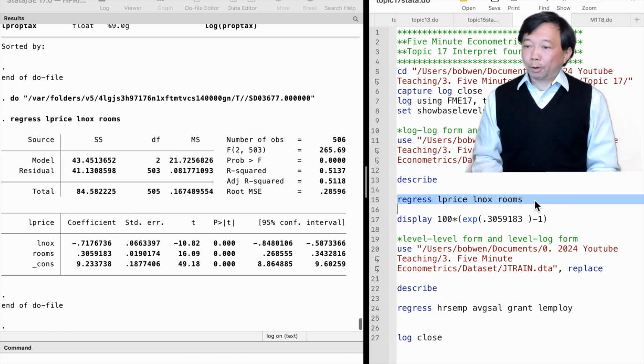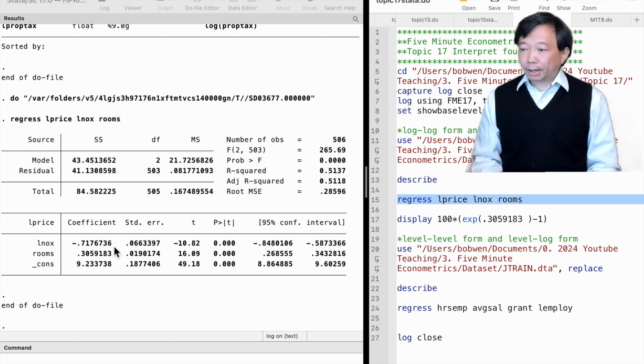The estimate for the log pollution is minus 0.718. We use the log-log form interpretation. It means when the pollution increases by 1%, the price falls by 0.718% after holding rooms fixed.